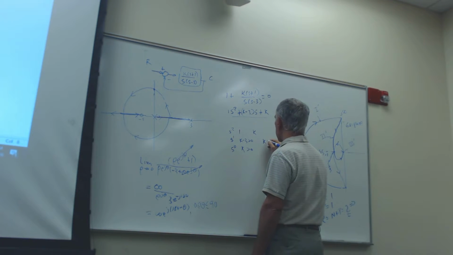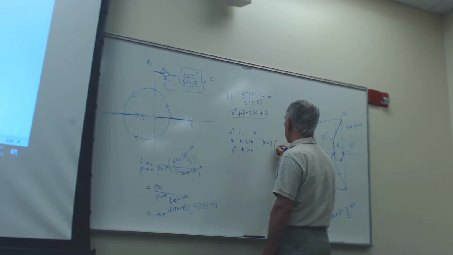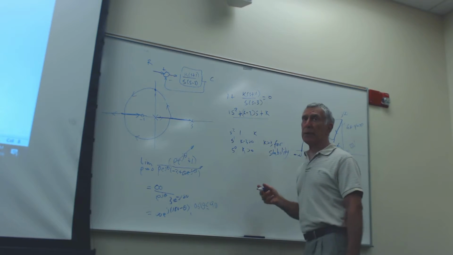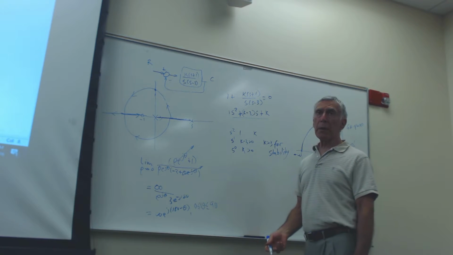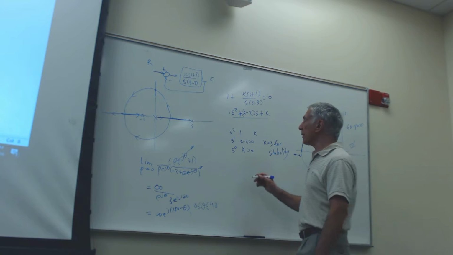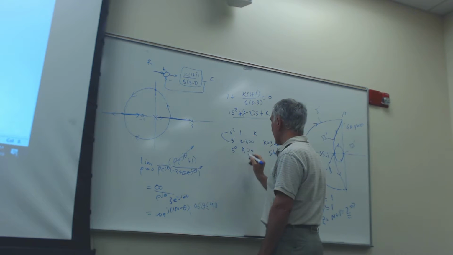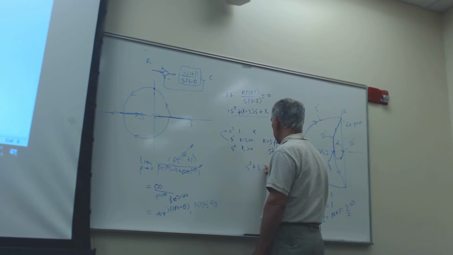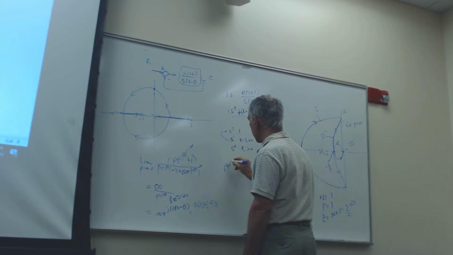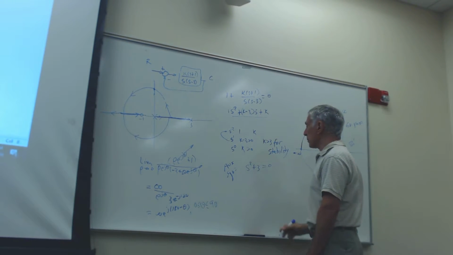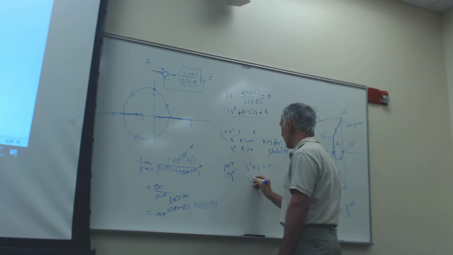So K greater than 3 for stability. If K is equal to 3, we can form the auxiliary equation. We go back to the previous row with K equal to 3. We got s squared plus 3 equals 0. That's the auxiliary equation. So you can see from this that s is equal to plus or minus j square root of 3.